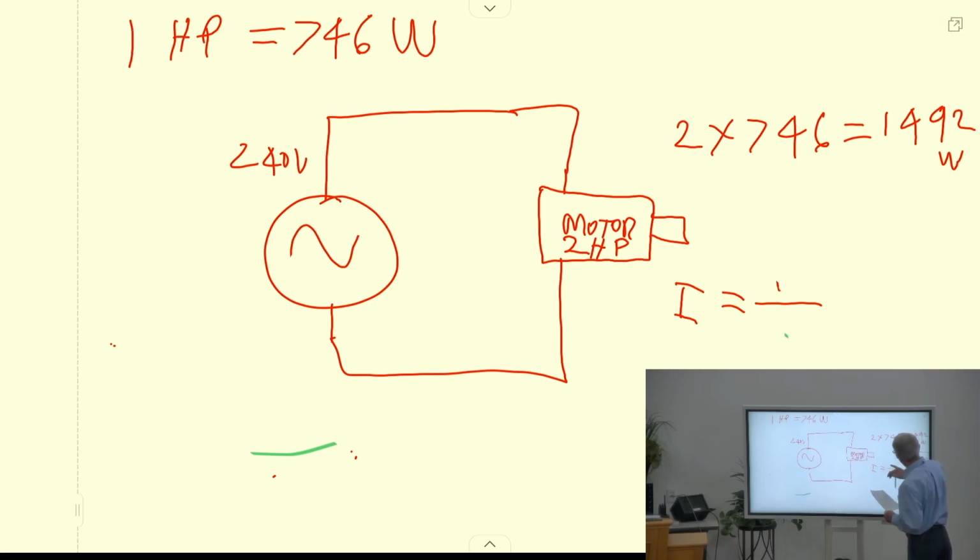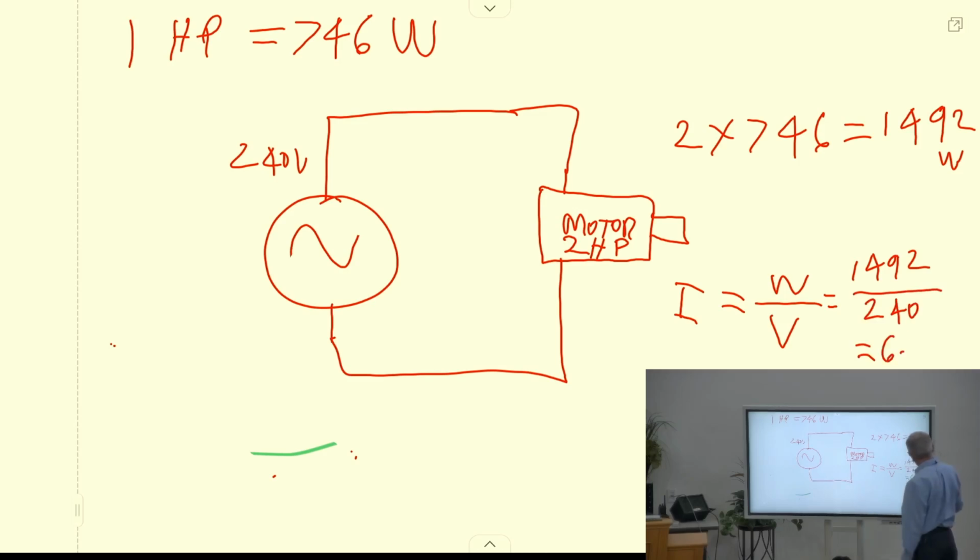It's okay if you have your little cheat sheet. So what's our current going to be? 1,492 watts divided by 240. What's that equal? 6.2 amps. So that's going to be 6.2 amps on our circuit.